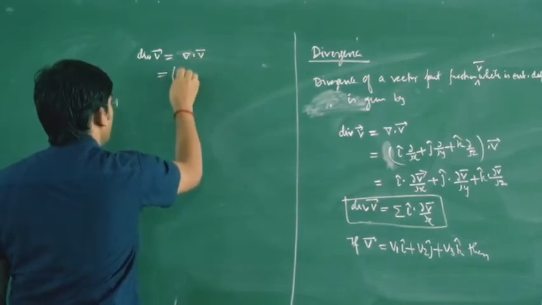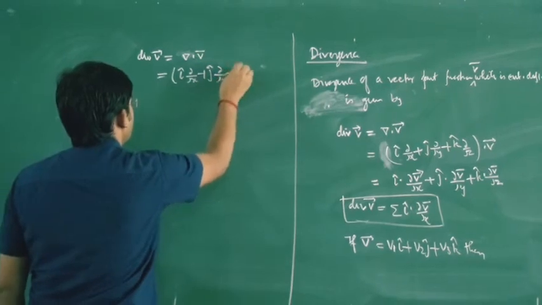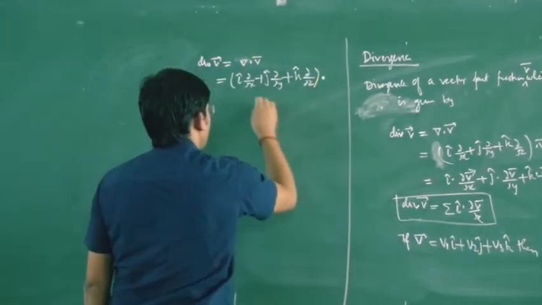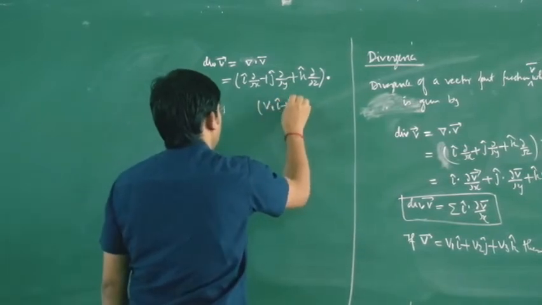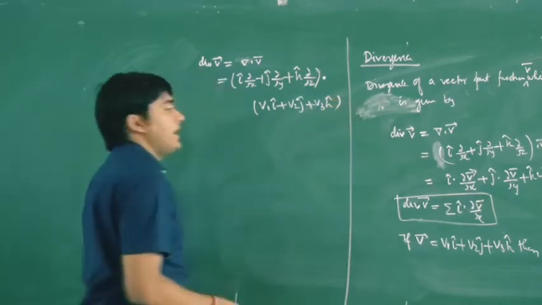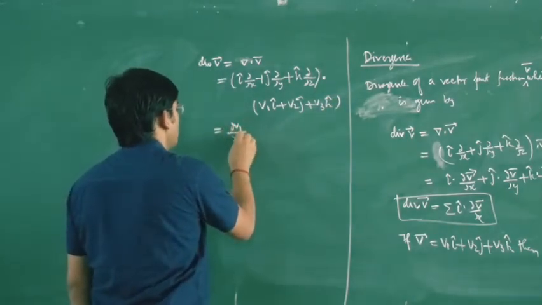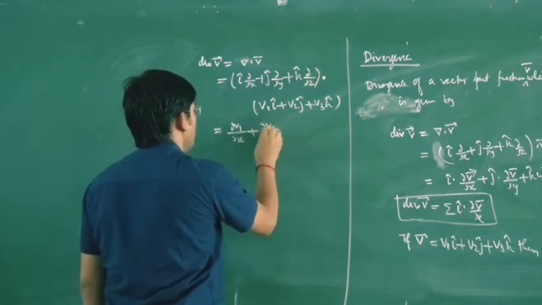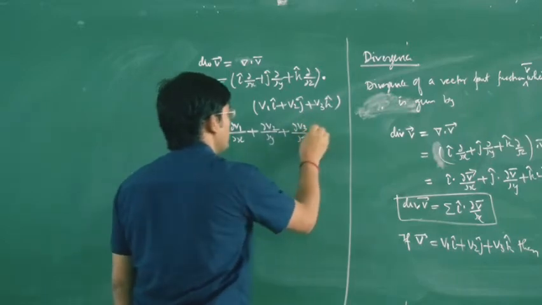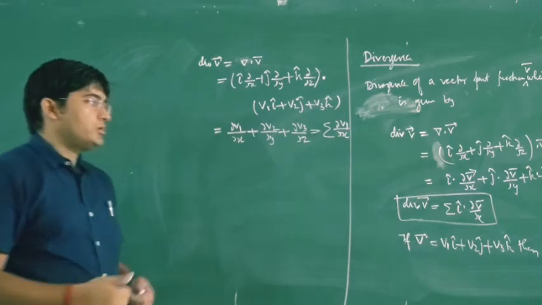Put the value of del, which is i del by del x plus j del by del y plus k del by del z, and the value of v as v1 i plus v2 j plus v3 k. As i dot i is 1, we have del v1 upon del x plus del v2 upon del y plus del v3 upon del z, and we can write it as summation del v1 upon del x. So this is your divergence.